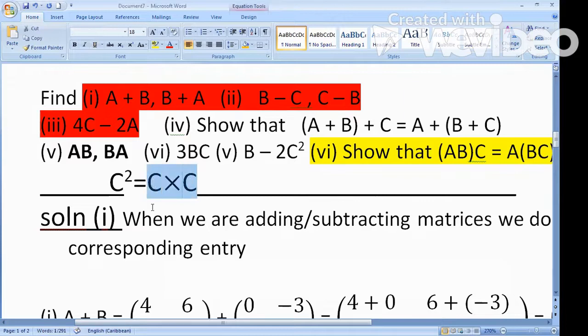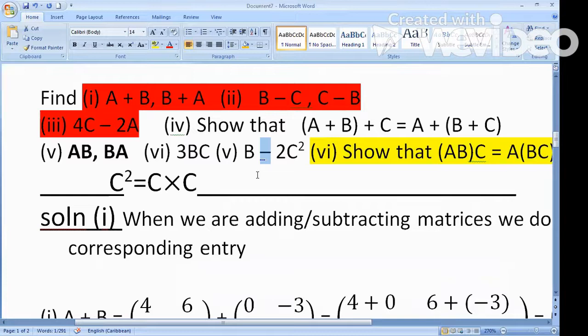So C squared is C times C. This reminds us of something, not true? Which exam do you do? CXC. So, sir, when we do C times C, then we times it by 2. Times it by 2, and then put B in front of it and subtract it.